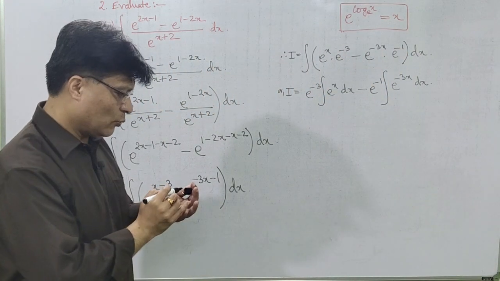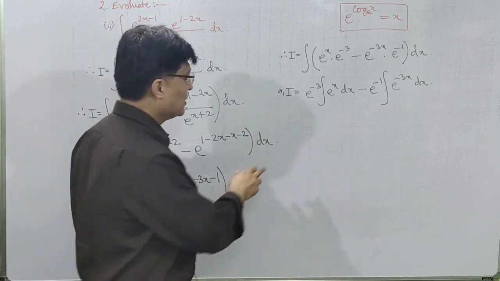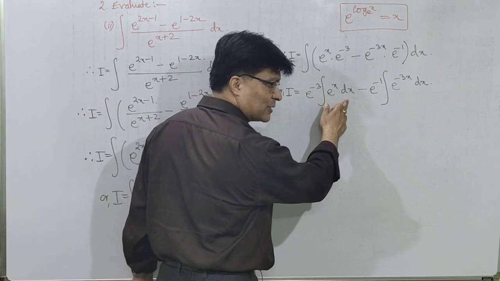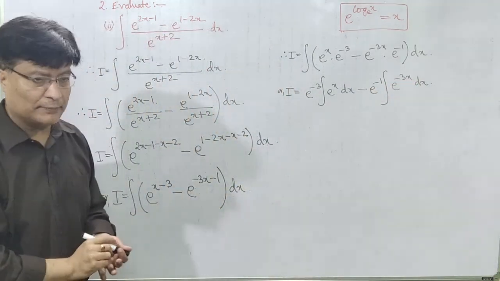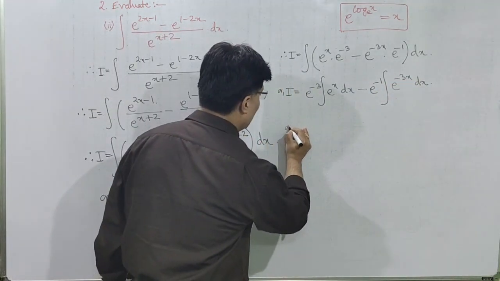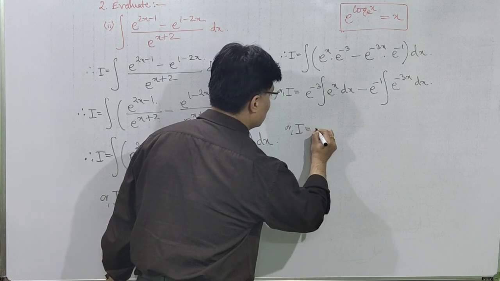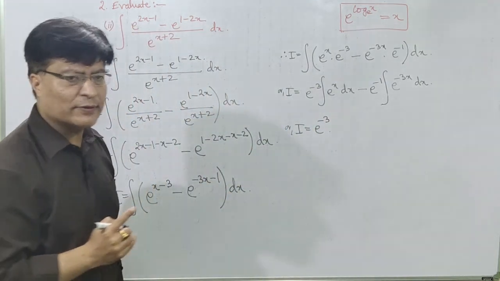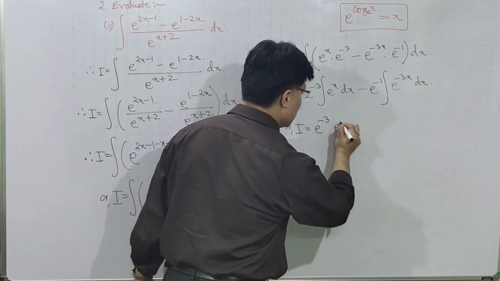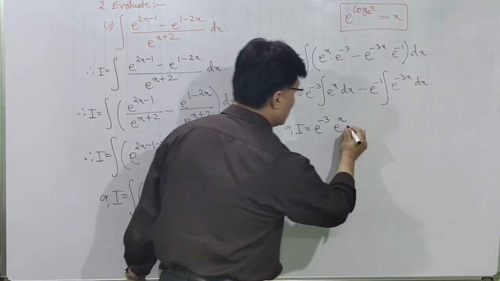Okay. So now which formula is used in this case? This is the integration of e to the power x dx. This is e to the power mx dx. You should know this formula. So I is equal to e to the power minus 3 into, what is the integration of e to the power x? It is e to the power x itself.